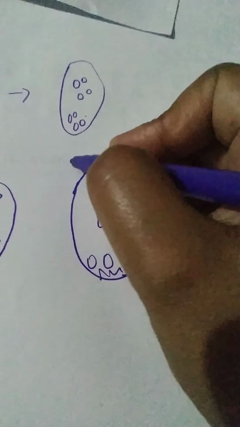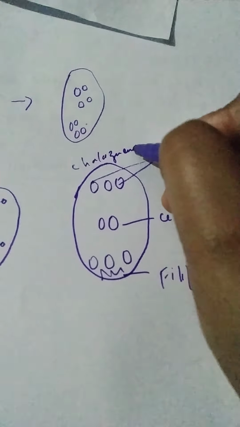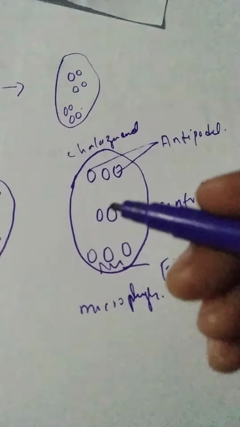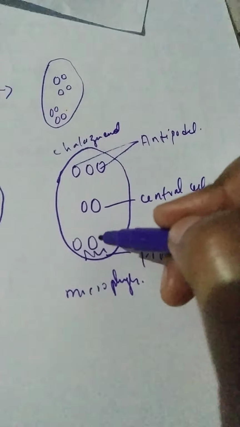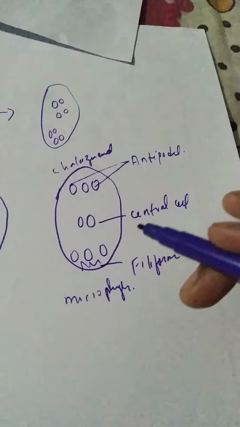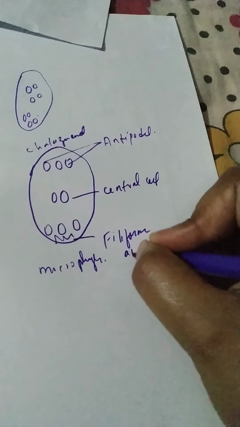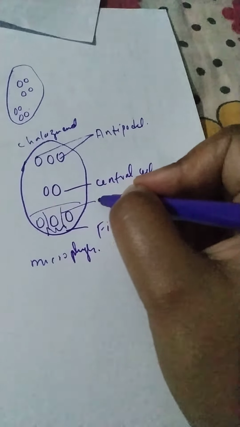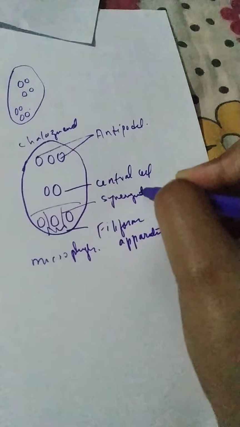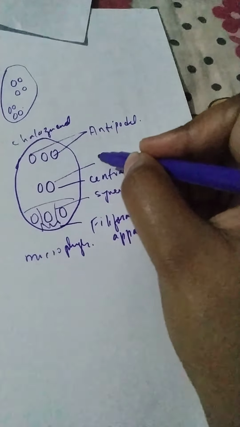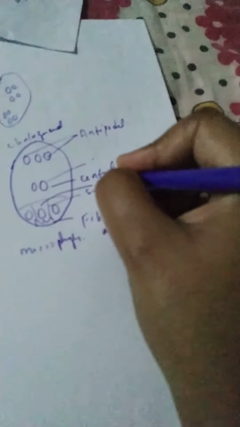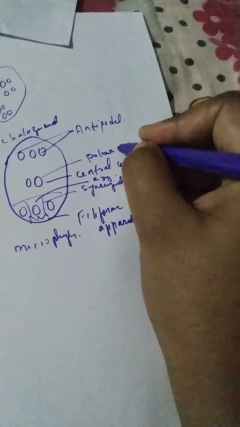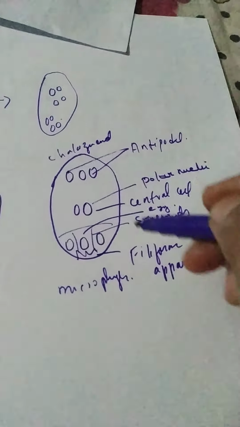Here you can see this will be the chalaza end, and this will be the micropyle, through which the male gamete will enter. So this is known as antipodal, this is the filiform apparatus, and this is known as synergid. This cell will be the egg, and this is known as polar nuclei.